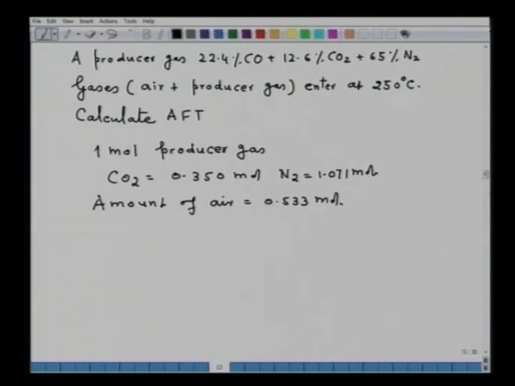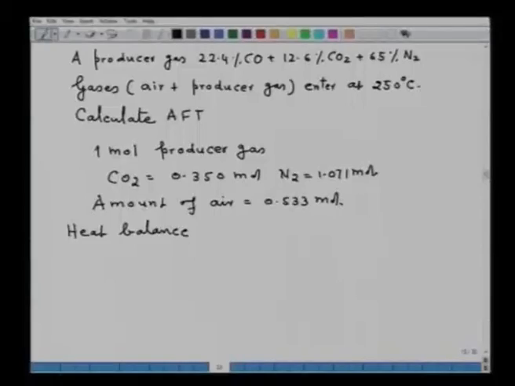So, now we have to do the heat balance. You know heat balance, sensible heat in air plus sensible heat in producer gas plus heat of combustion, that is equal to heat output in products of combustion. So, first of all I have to calculate the sensible heat in producer gas.